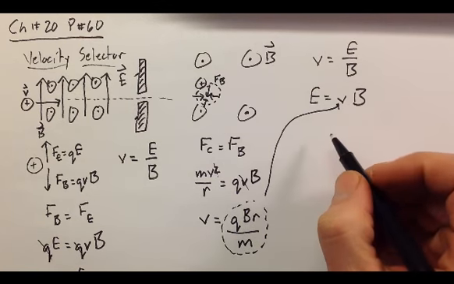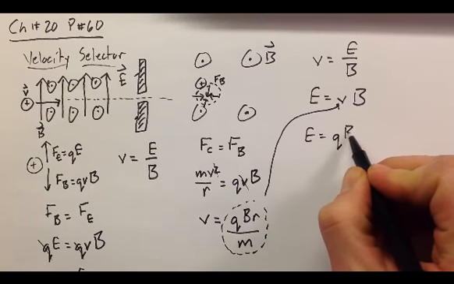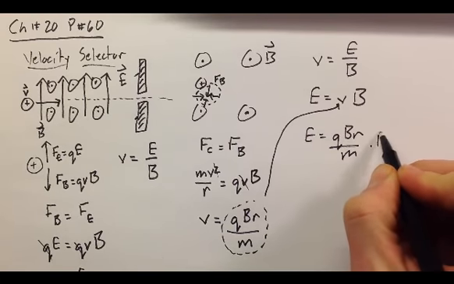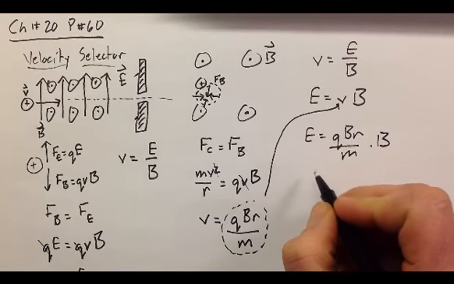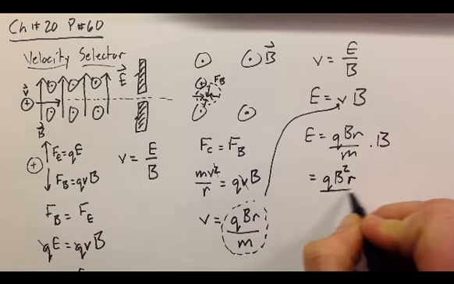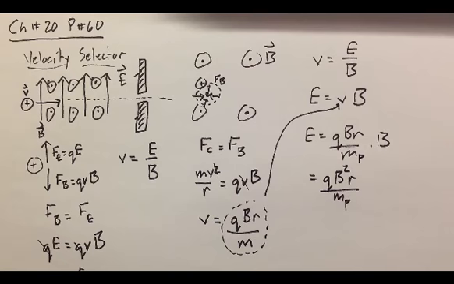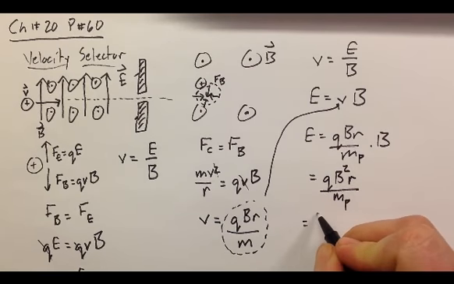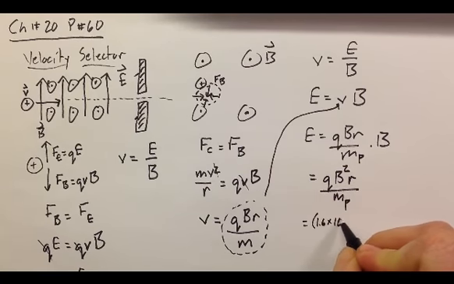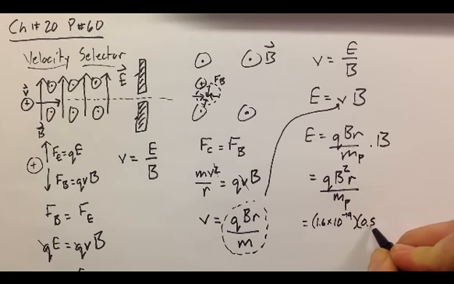So if we plug this in here, we get E equals qBr over m times B, okay? Or this would be qB squared r over m. Here m is the mass of the proton. And if we plug in our numbers here, the charge on a proton is 1.6 times 10 to the minus 19th coulombs. We're told in the problem that the strength of the magnetic field is 0.566 Tesla.